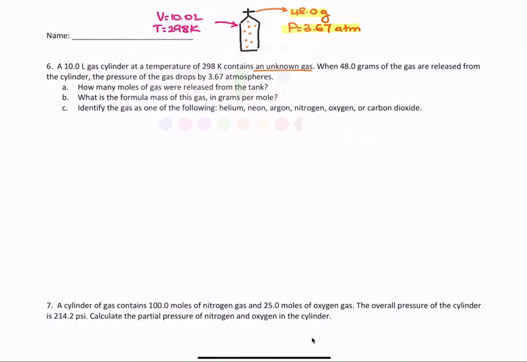If you recall Dalton's law, in this container we have a total pressure, which is equal to the pressure of the gas left in the tank plus the pressure of the gas that has been released from the cylinder.